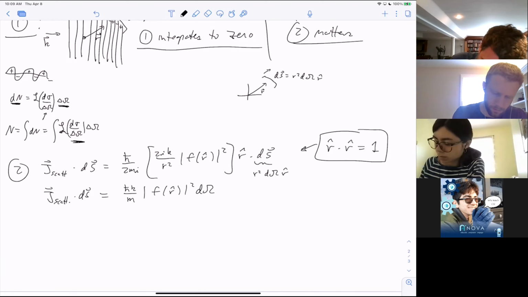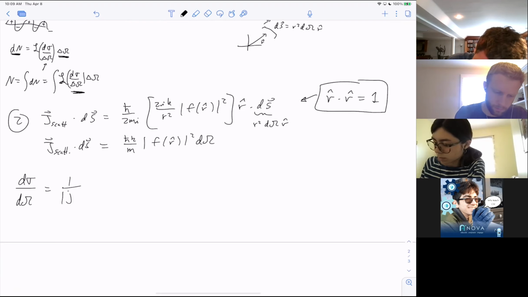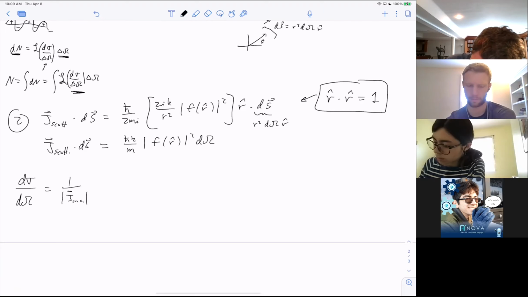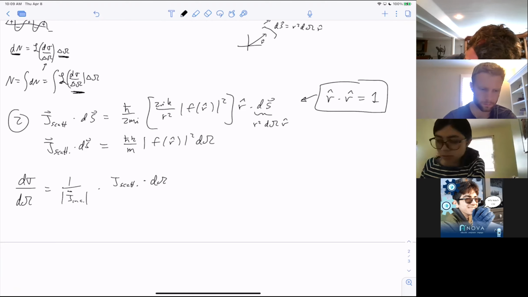Because remember, our expression for the differential cross-section was d sigma d omega is equal to 1 over j incident, times j scattering dot dS, divided by d omega. I'm sorry, I keep missing these little factors.